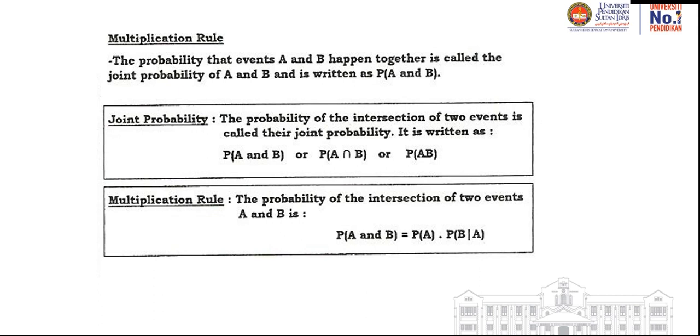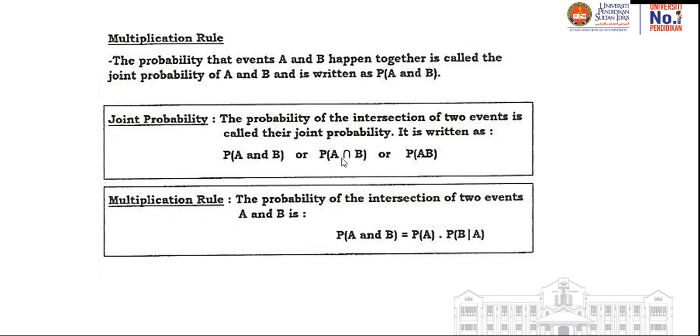And then we have the multiplication rule. The probability that events A and B happen together is called the joint probability of A and B, and is written as P(A and B). As I said previously, the notation of intersection is A and B, A intersect with B, or AB.